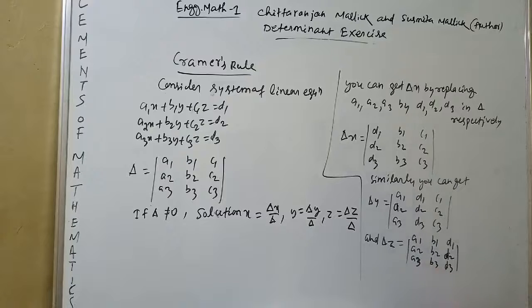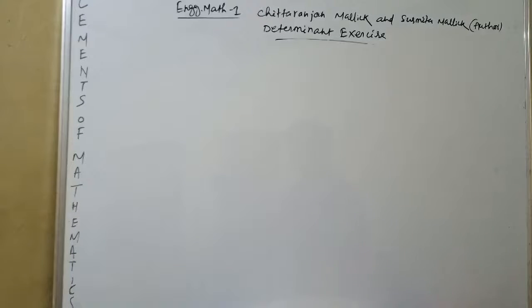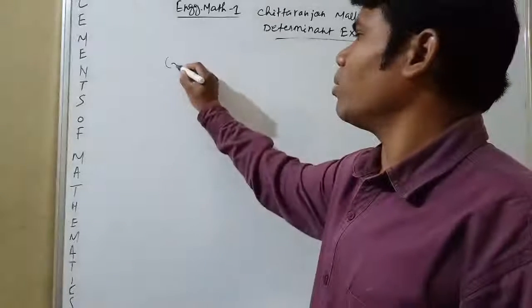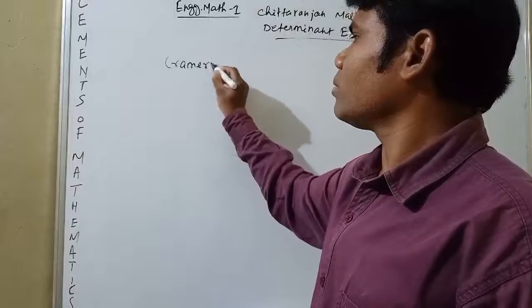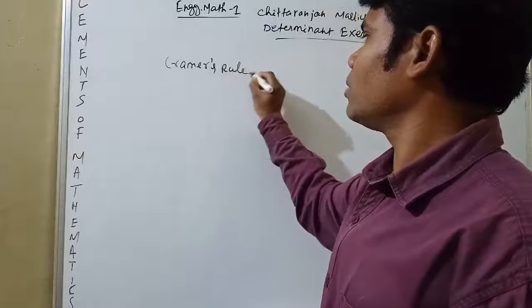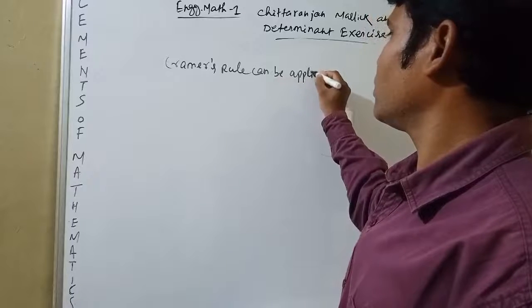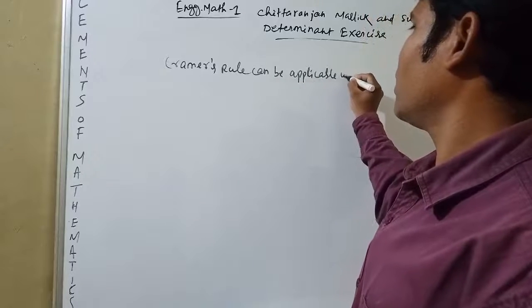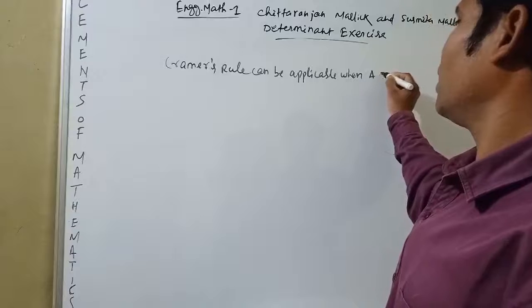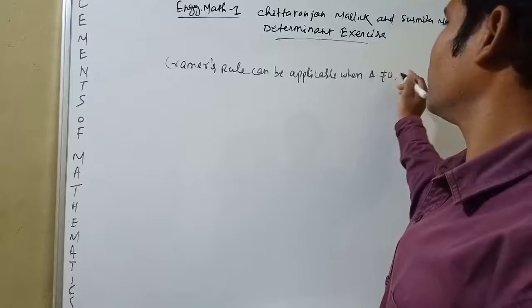This is your Cramer's rule. Cramer's rule can be applicable when del is not equal to 0.